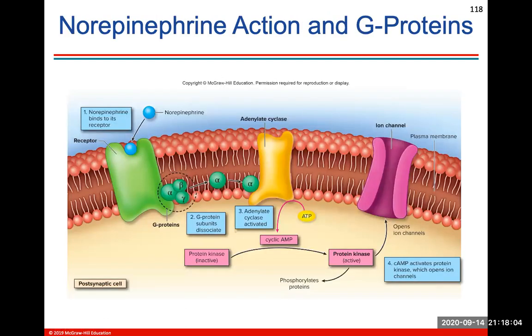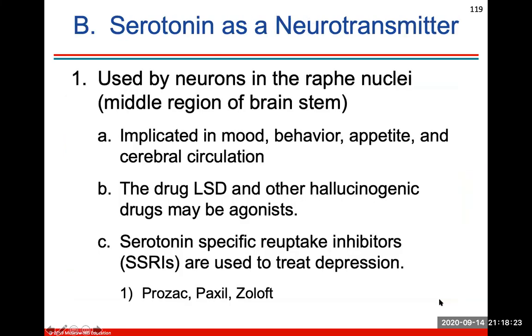Norepinephrine action in G proteins: it will bind to a receptor using a G protein, with the subunit dissociating and binding. Also using cyclic AMP, so it uses G proteins and cyclic AMP to eventually open up an ion channel. So you can read through norepinephrine.